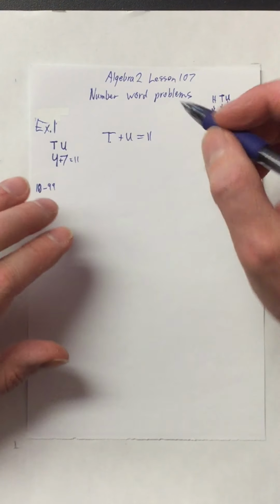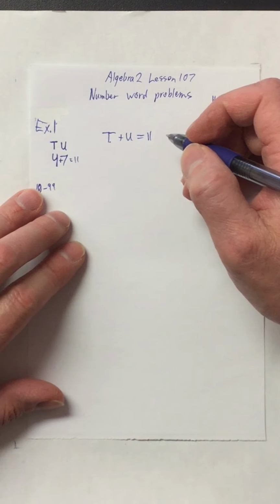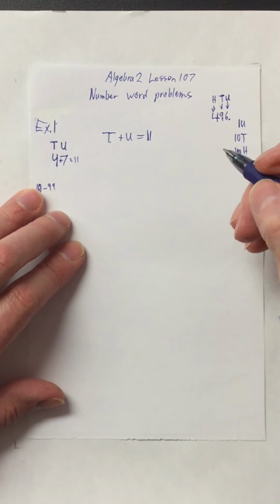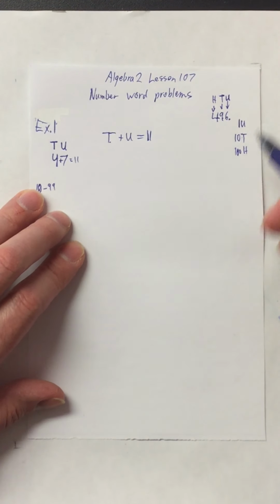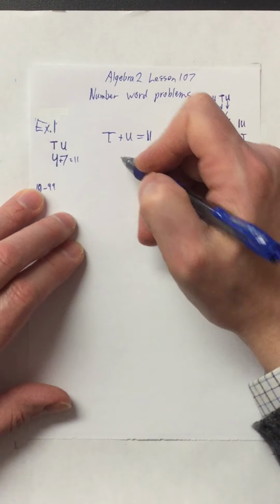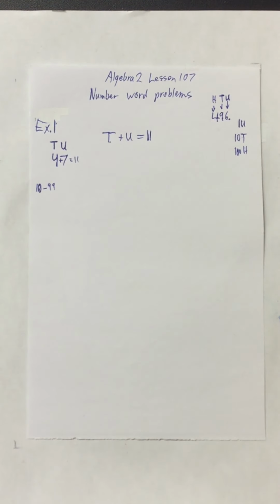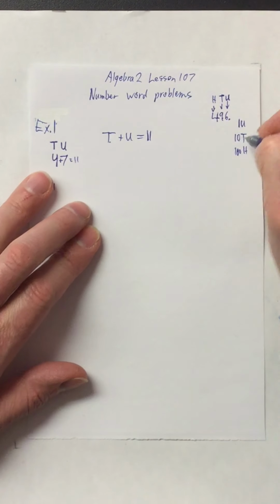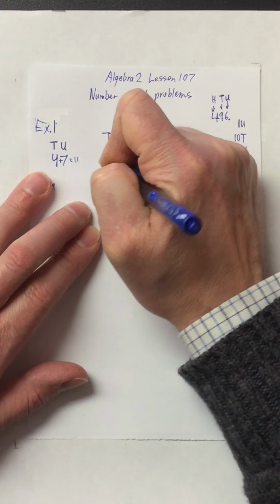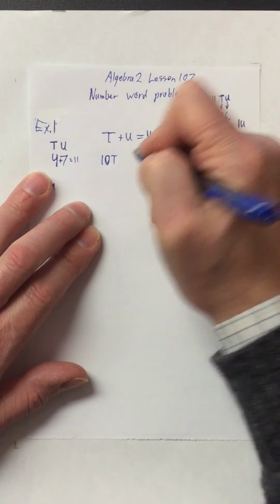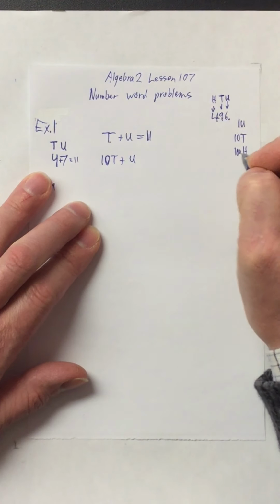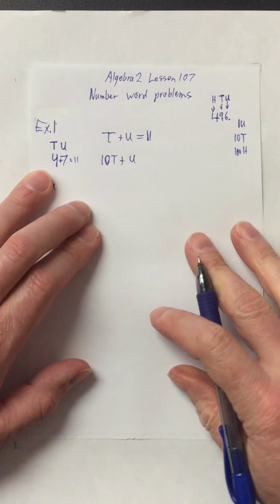That's what it's stating. And we're also going to put a value to it. The t's have a value of 10, so 10t plus the u, which has a value of 1, but I'm not going to write that in.